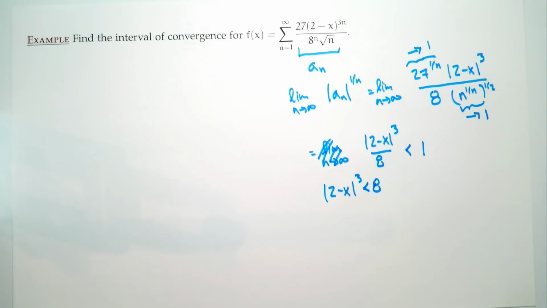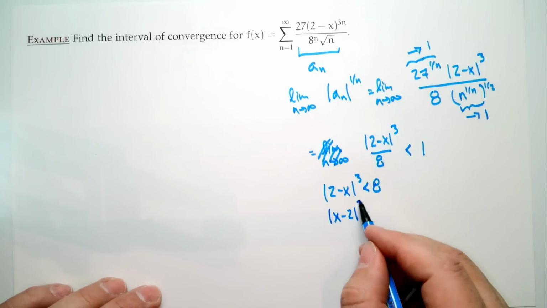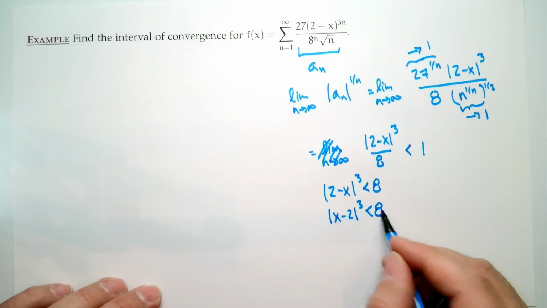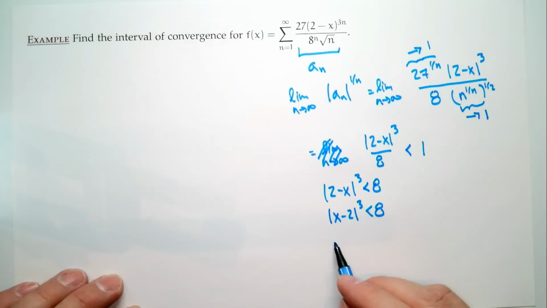Now, I'm taking absolute value, so instead of saying the absolute value of 2 minus x, I can just say the absolute value of x minus 2. That's the same thing. And I just like to do that because I'm used to that mindset, you know, absolute value of x minus a. How do I get rid of the cubed? Cube root.